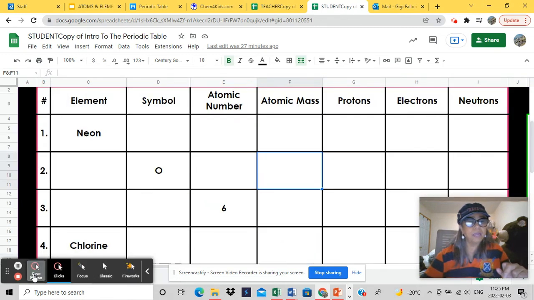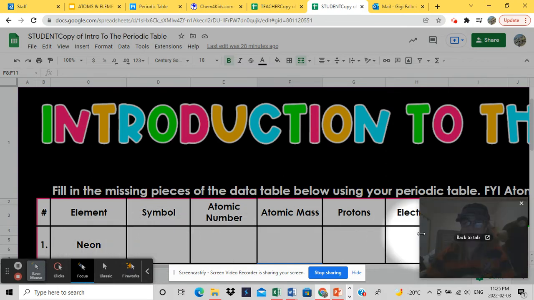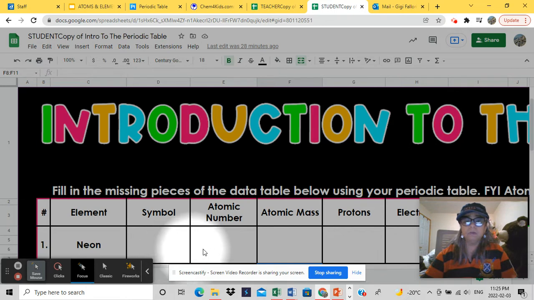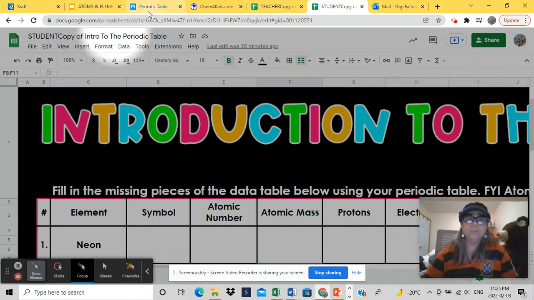And as you can see from here, the name of the element may be given, and then fill in the rest, like how to write the symbol, or what is the atomic number, atomic mass, and then the protons, the electrons, and the neutrons. So, how do you deal with that? How do you solve this particular problem? Or how do you fill in the table?